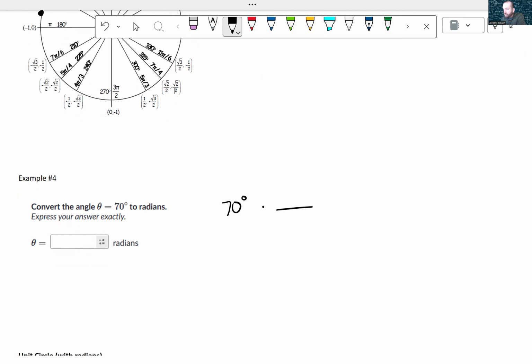So if we started with degrees, then we're going to put degrees on the denominator. So that way they cancel out. So we get 70 pi over 180, and that's 7 pi over 18, and that looks like that's all we can do to simplify that one.